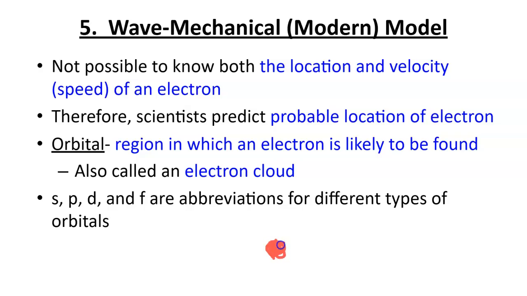That would be called an s orbital, which we will talk about a little bit later. We call that region where the electrons are expected to be found the orbital. Sometimes it's also called an electron cloud. And if you do a little more reading on this, you'll see that we can have different shape orbitals, S, P, D, and F, which again, we'll talk about a little bit later.